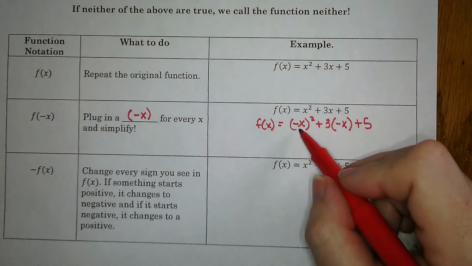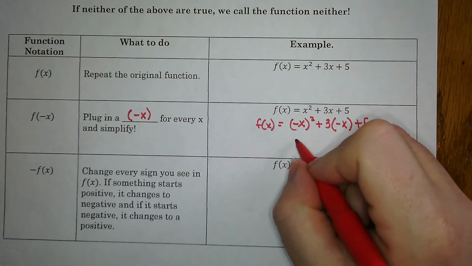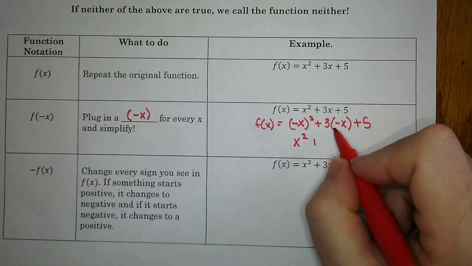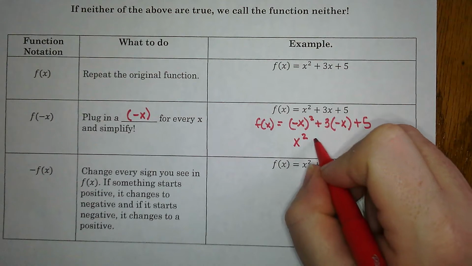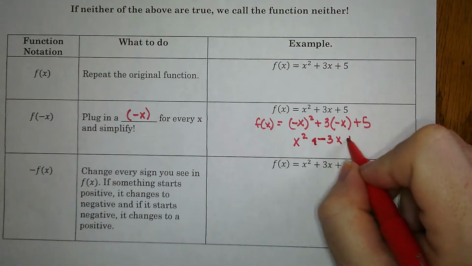And then we're going to actually calculate this. So negative x squared, negative times negative, that's going to give us a positive. This is 3 times negative x, which is negative 3x, and plus 5.